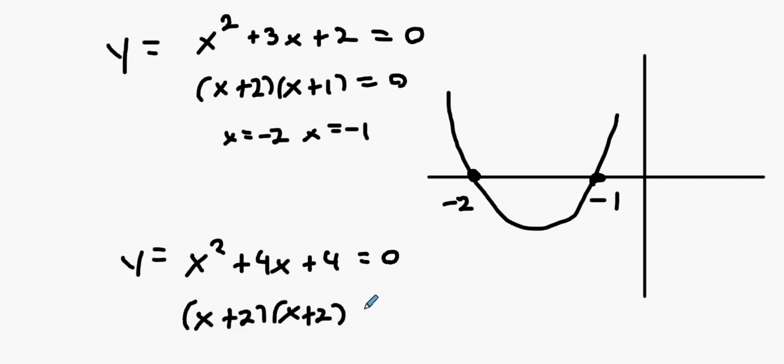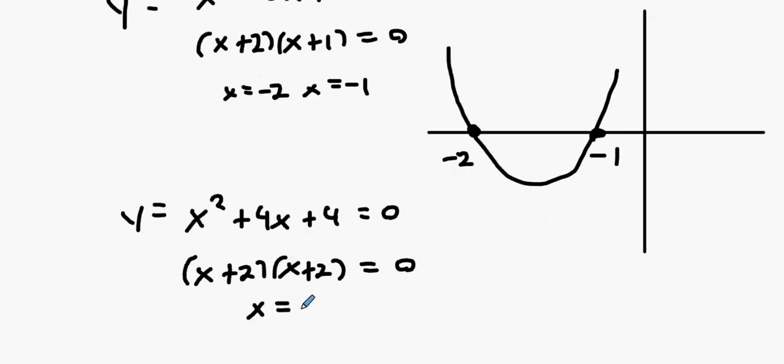And what's the answer? Why is there only one answer? The graph only touches the axis and then comes back up again. Does that make sense? It doesn't go through, does it?